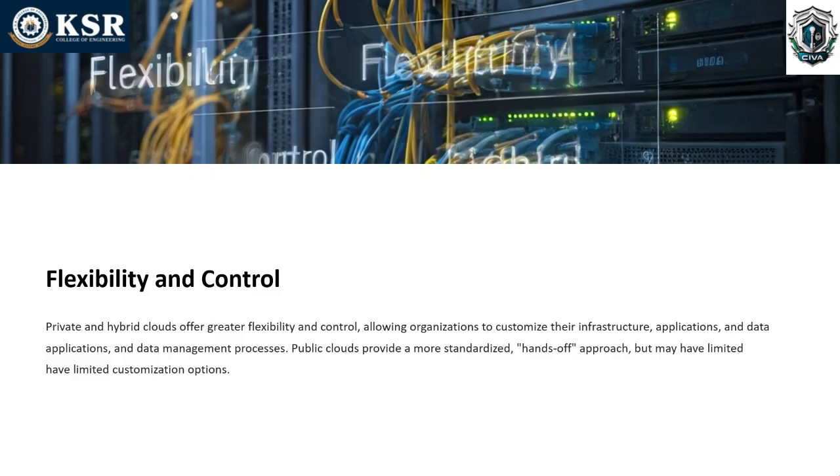With a public cloud, someone else manages things for you. That is the difference. For example, a university might use a hybrid setup. Their exam data stays in a private cloud for control, while students' materials are shared via public platforms like Google Classroom. Thank you.